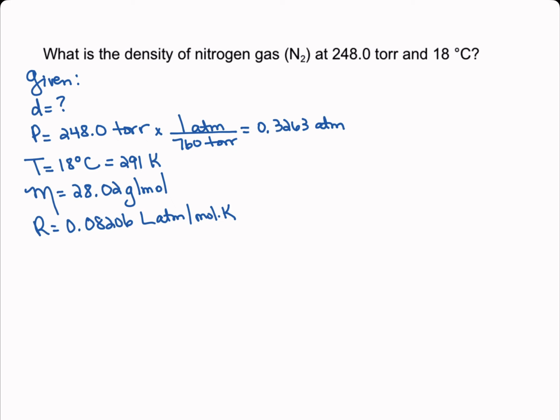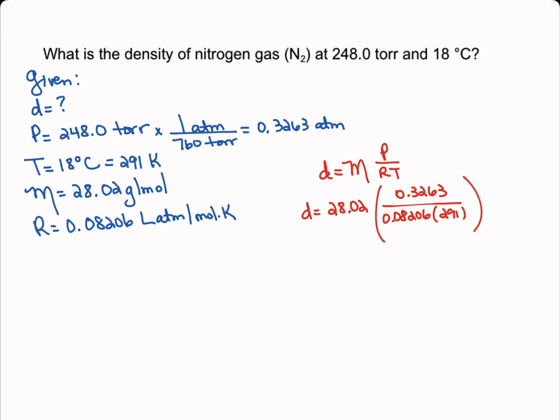All of my units are correct, so now I can plug into the density formula of an ideal gas. D equals M times P over RT. So density equals 0.383 grams per liter.